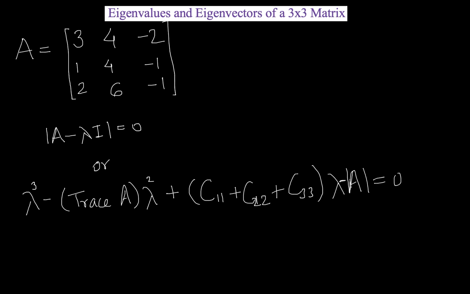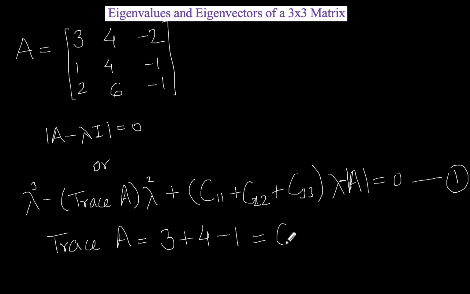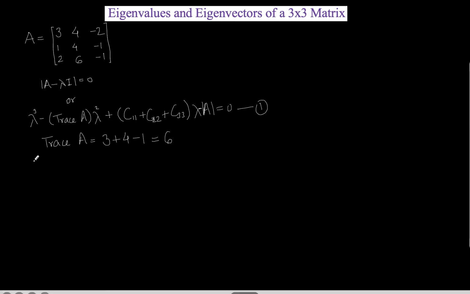So if we can find the values of trace of A, the determinant of A and the diagonal entries' cofactors, then we will get the characteristic equation. The trace of A can be calculated as the sum of the diagonal entries.